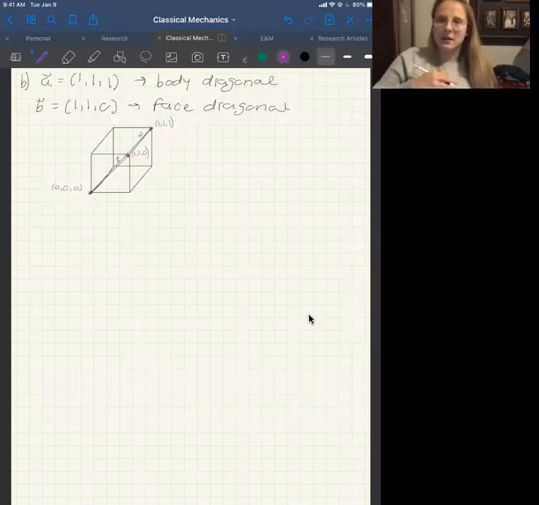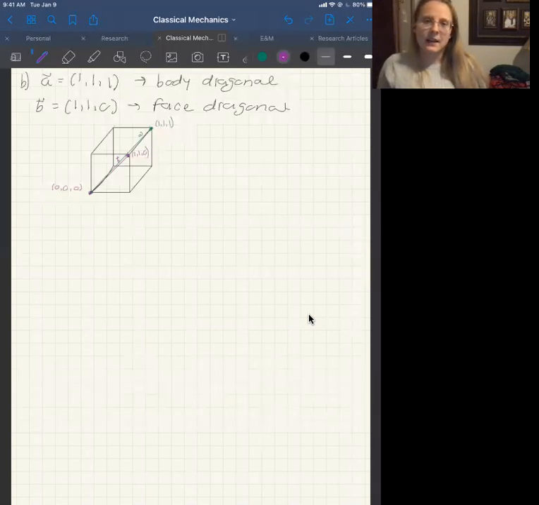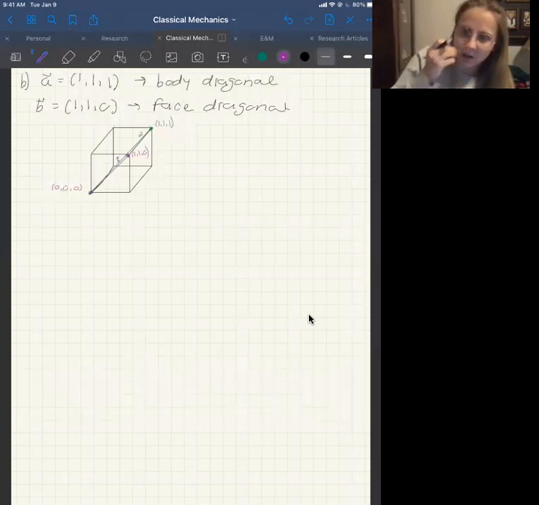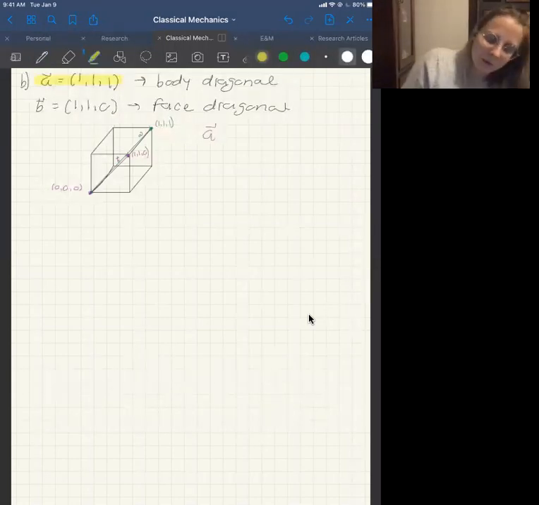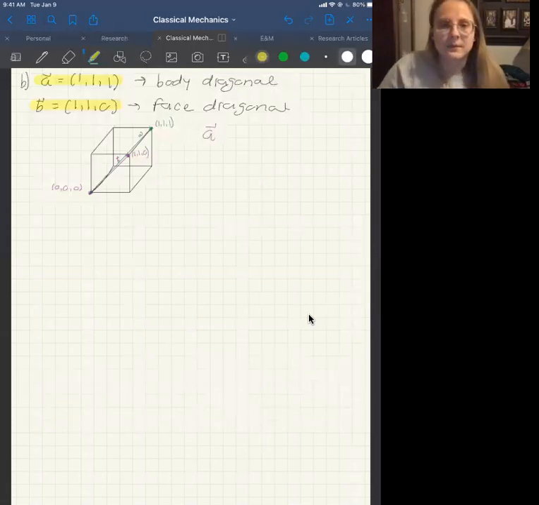So it goes diagonally across one of the faces of the cube. This question wants us to find the angle between those two vectors. It gives us that the vector A, which is the body diagonal, is 1, 1, 1, and the vector B, which is the face diagonal, is 1, 1, 0.